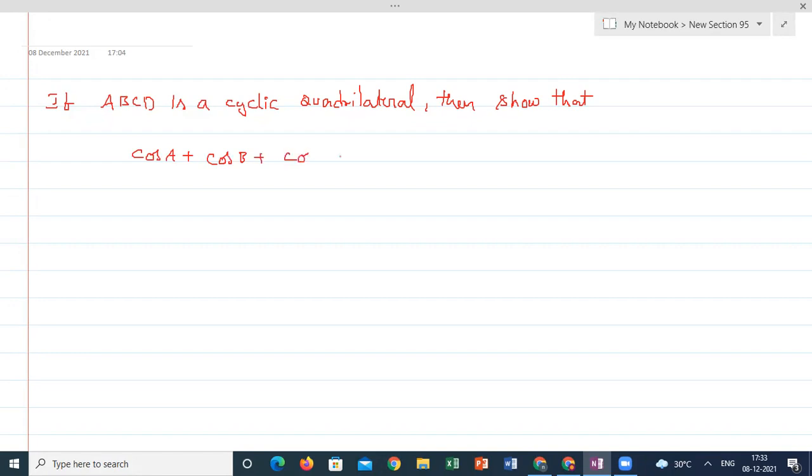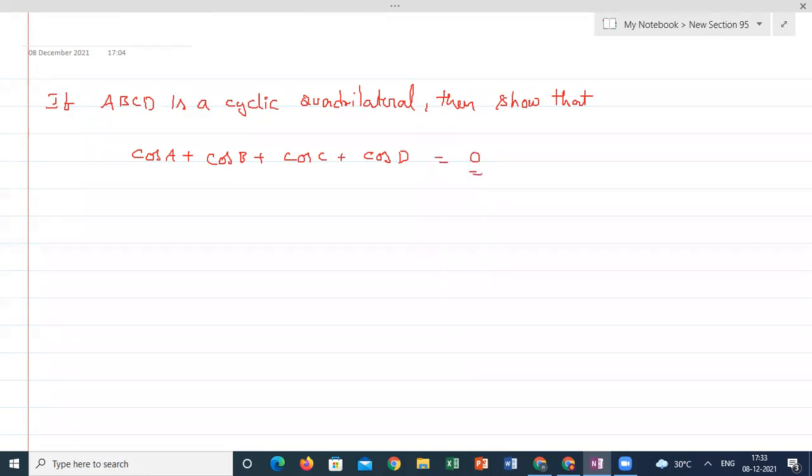If ABCD is a cyclic quadrilateral, then show that cos A plus cos B plus cos C plus cos D is equal to 0.